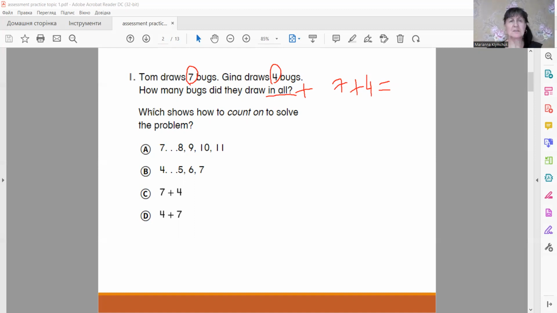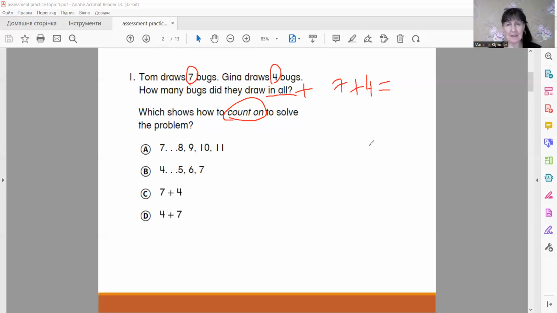Because the question is which shows how to count on to solve the problem. You studied this in grade 1, and for the whole month we were reviewing what it means to count on. If you see number 7 and number 4, we start with the greater number, so you should start with 7 and then count on 4: 7, 8, 9, 10, 11.